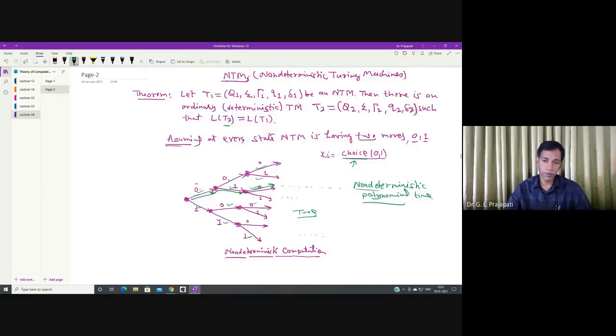Whenever you go for the deterministic case, you have to exercise the choices one by one, and if for all possible choices you are not getting the answer, then the Turing machine is going to crash, saying that it is not getting the answer.